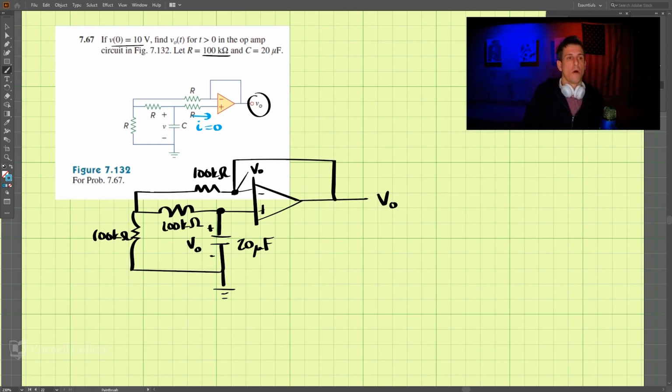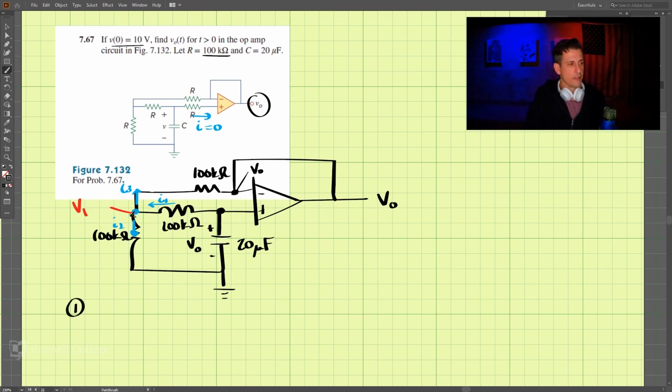Okay, so now we're going to do KCL at this point, and we'll call this I1, and we can call this I2, and this I3. And we'll call the voltage there the voltage V1.